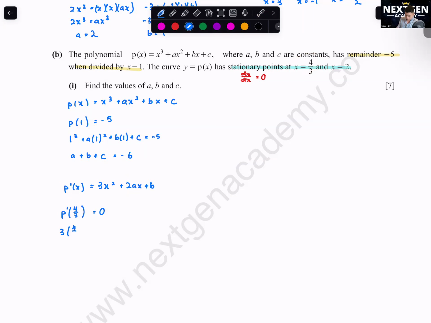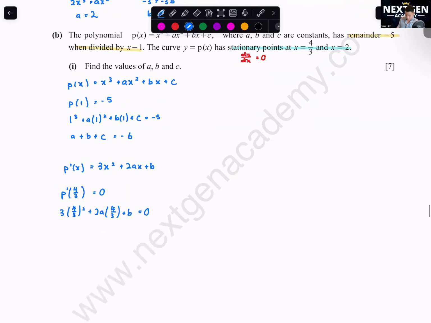Okay, 3 times (4 over 3) squared plus 2a times 4 over 3 plus b is equal to 0. Let's simplify this: 16 over 3 plus 8 over 3 a plus b equals 0.